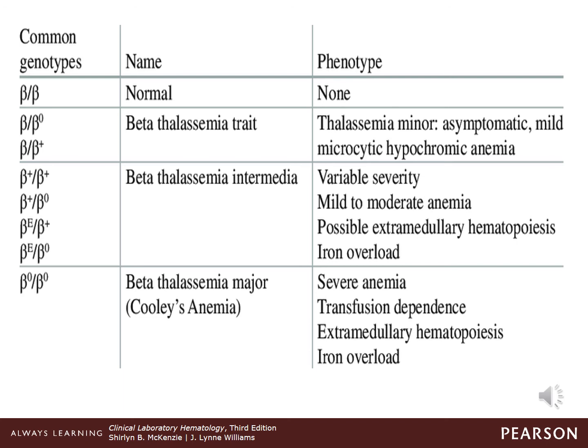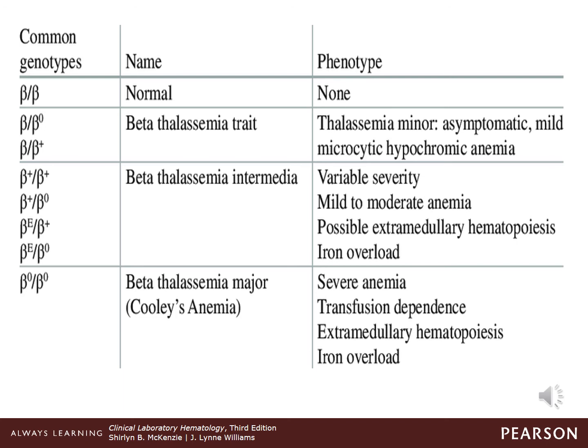The last and most severe, beta thalassemia major, or another name, Cooley's anemia, is the major type, and you have a complete lack of the beta chains, causing a severe type of anemia and lifelong transfusion dependency. So with that, we need to not create medically induced iron overload, so they need to chelate some of that iron. And again, you'll have an enlarged spleen and enlarged liver, because your body's trying to make more normal cells.